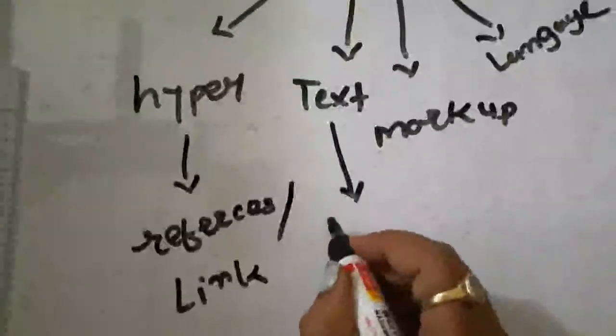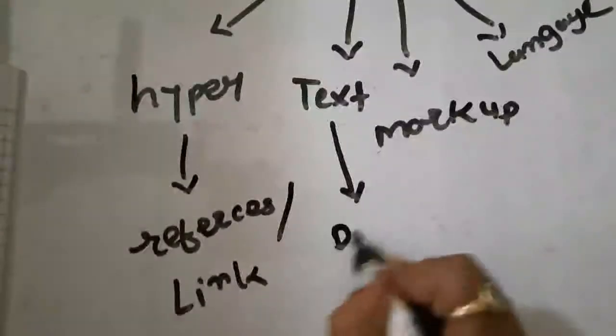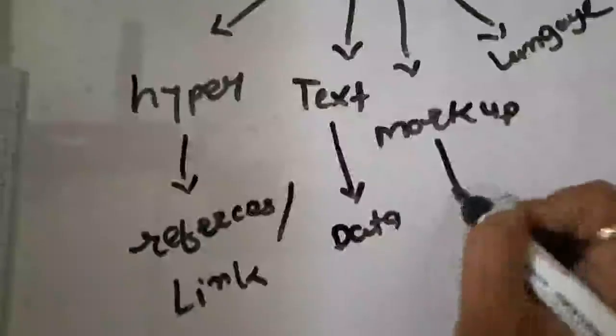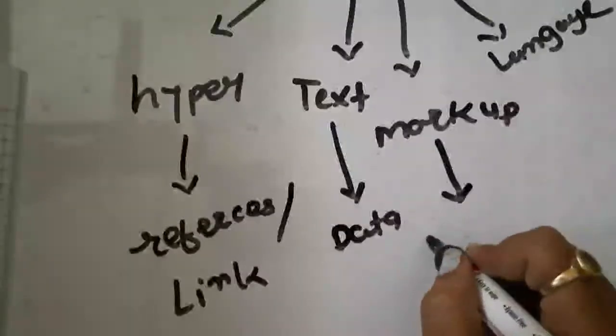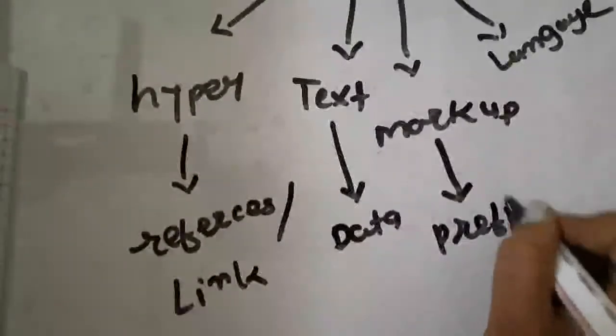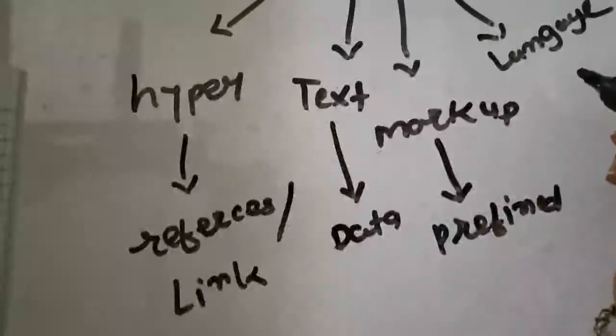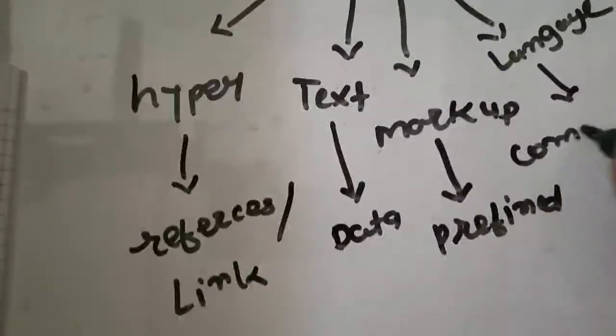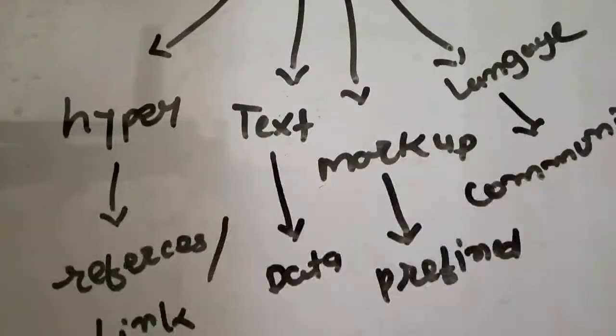Text means data. Markup means predefined, and language means communication. So hypertext means reference link, text means data, markup means predefined, and language means communication.